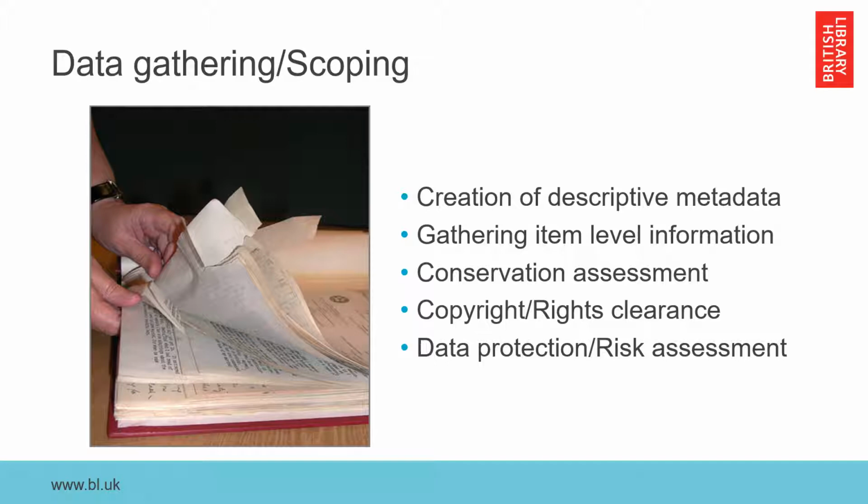So when we think about scoping or planning a digitisation project, the first and most important activity is having the correct data. When planning to digitise part of our collection, we need to understand what the items that we're digitising are. During the scoping phase, we gather information on the number of items, the predicted number of images that we'll create, the format and fragility of the items that we'll be handling.